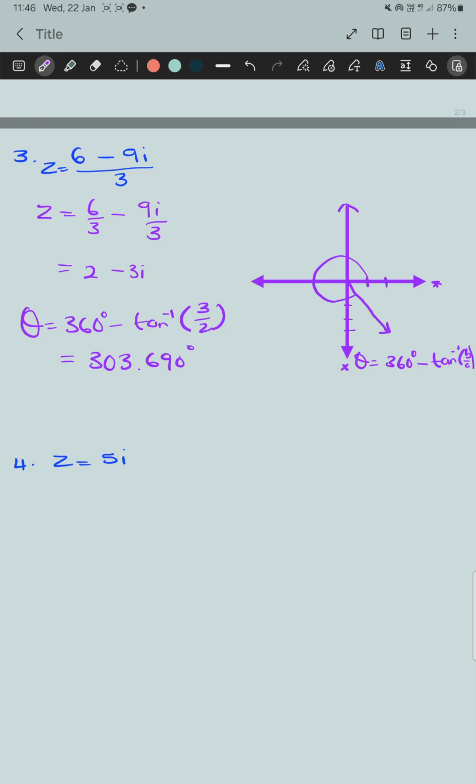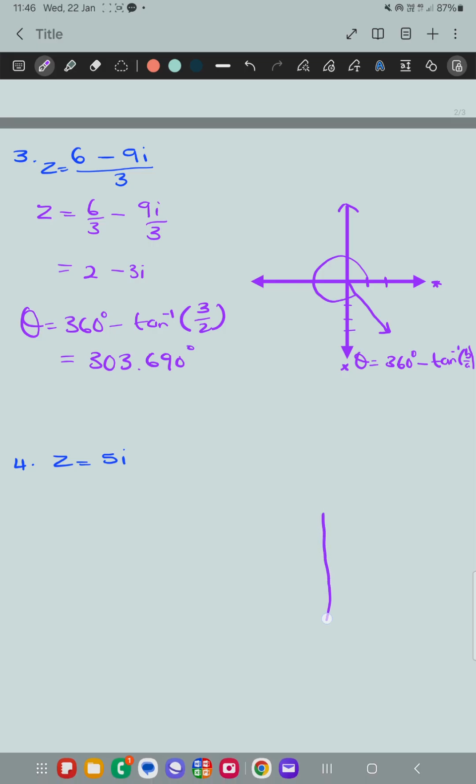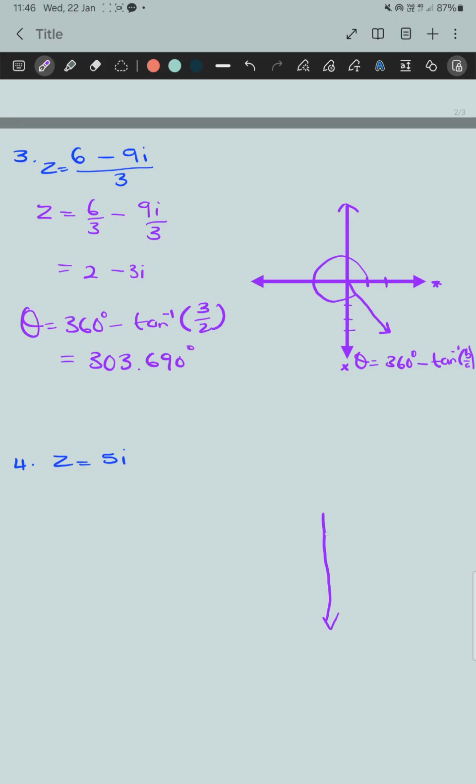All right, the last one I have there is z equals 5i.